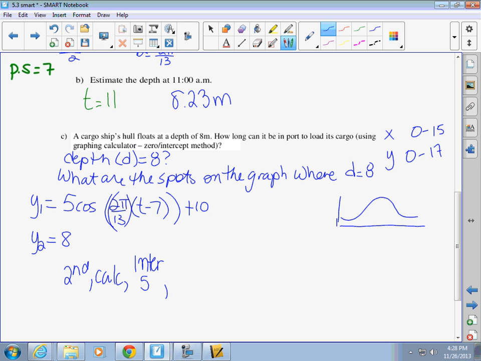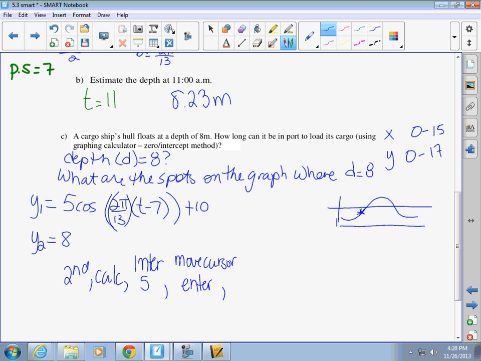So once you've done second calc intersect 5, your cursor is going to be flashing. So you might need to move your cursor so that it's flashing there, and then hit enter, and it'll say second curve.